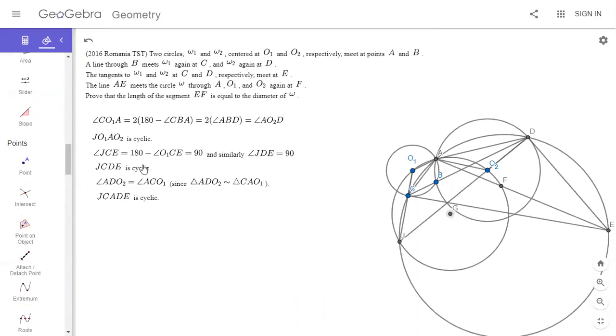Okay, so now we wanted to show that angle JAE is 90 degrees, but that's clear, right?